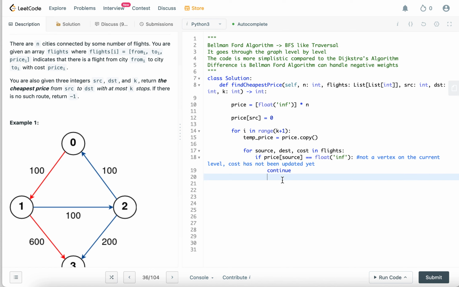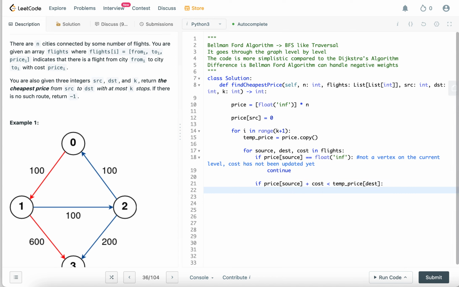Because it's not something we want to traverse at this time. It's not on our current level. Since we're doing BFS, we have to go level by level. And then otherwise, if price of source from the original main price list plus the current cost is smaller than the temp price of the destination, so we haven't updated this on the current level yet, then we would update our temp price of destination to equal price of source plus cost.